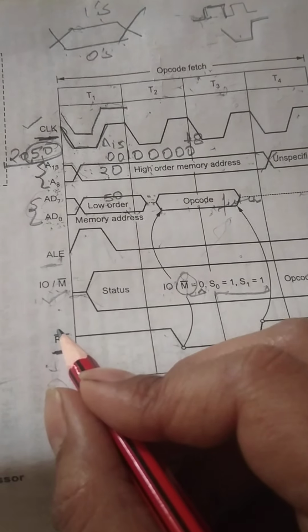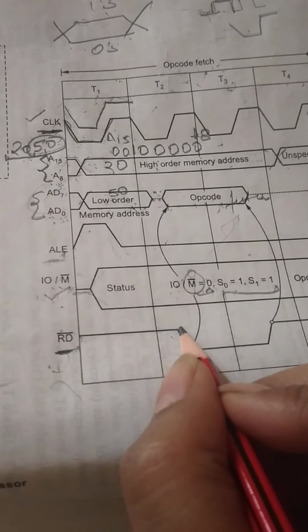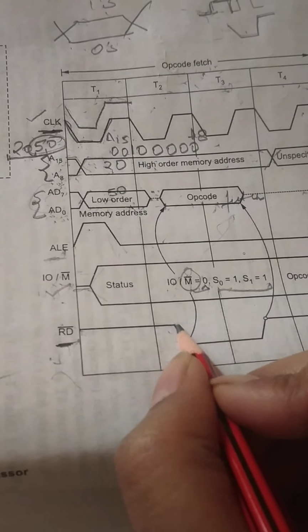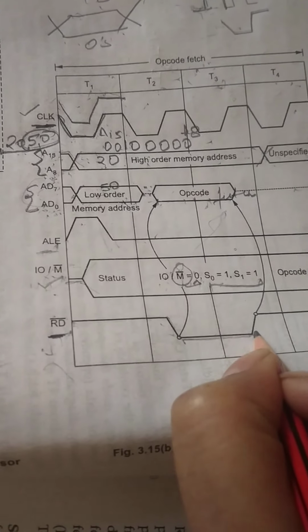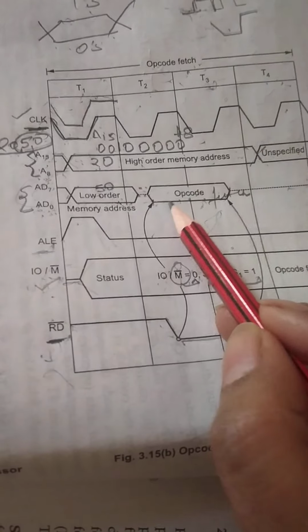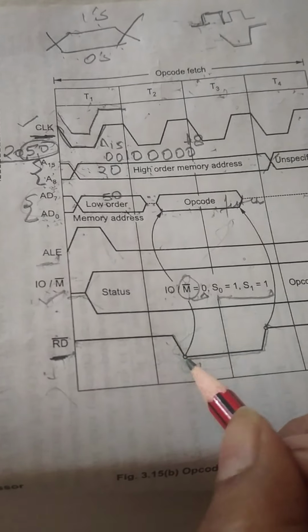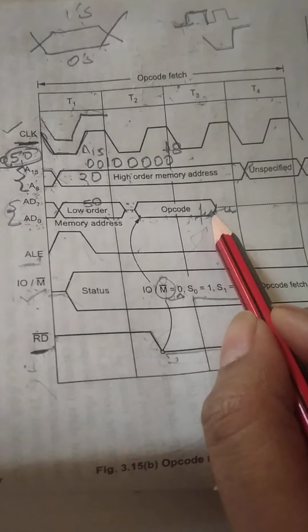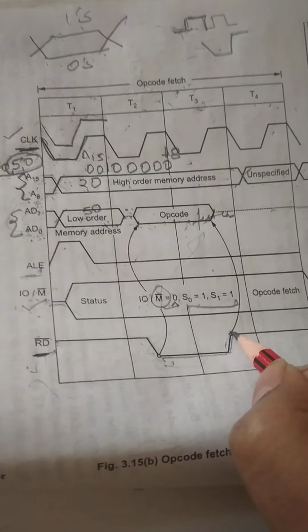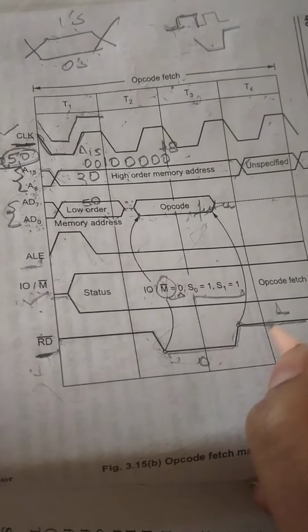Read bar active means it should be an active low signal. So the rest it is high. It is active at the mid of the T2 signal and up to the mid of the T3 signal. Whenever we are having opcode fetch, it is active. When we stop with our opcode fetch, it becomes high again. 0 to 1, there will be a transition.